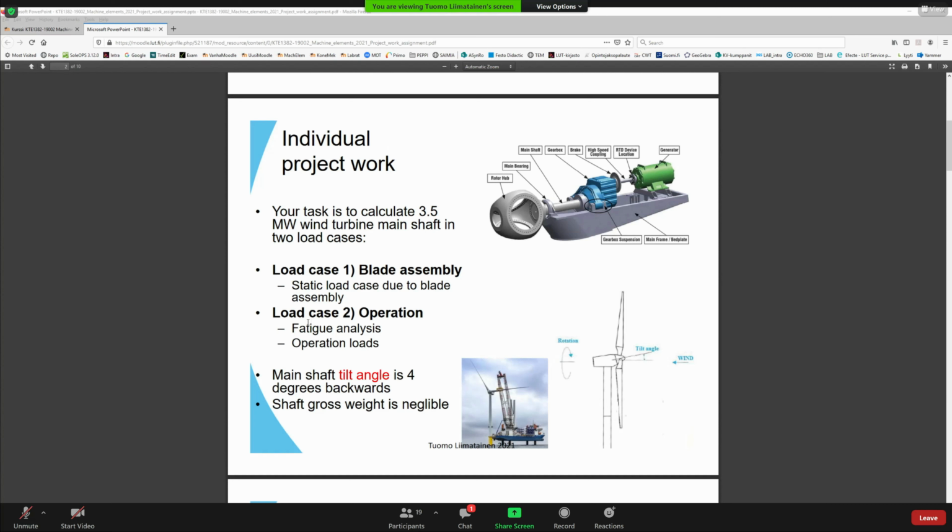What you need to keep in mind while calculating the loads is that the main shaft is tilted. In this case, it's 4 degrees. It could vary. Some turbines are only 3 degrees tilted, and some of them even more, 6 or 6.5 degrees tilted even. Could you imagine what is the reason why a turbine like this is tilted backwards?